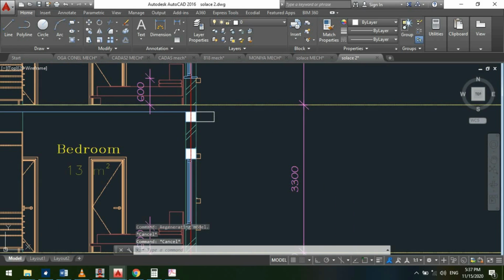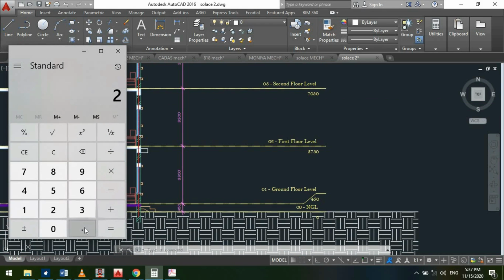So our building will be 3 meters high. Since we've gotten 2.8 before, so we'll come here 2.8 times 3 meters. That's 8.4 meter cube. And from there, if your country unit is CFM, so you multiply by the standard ACH.